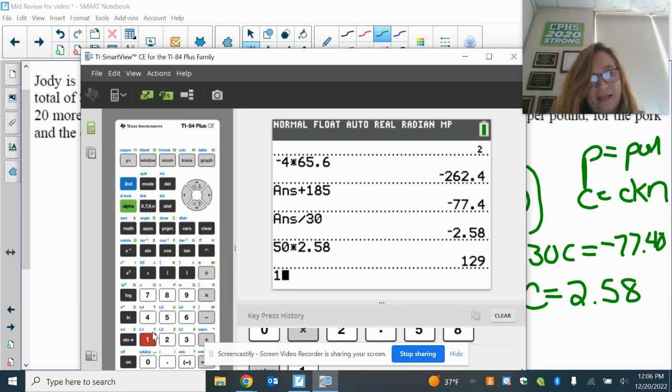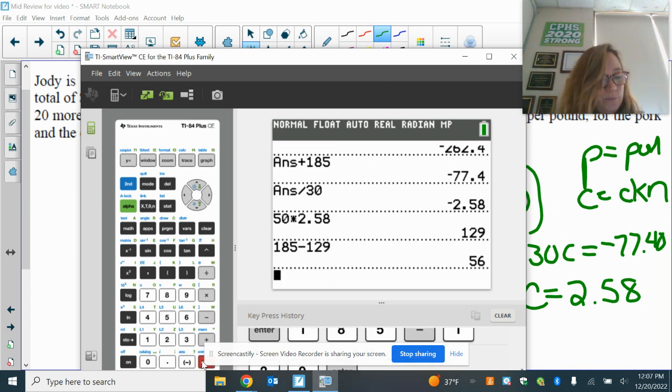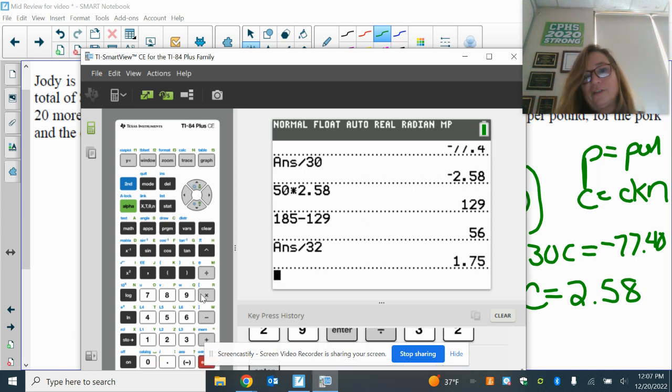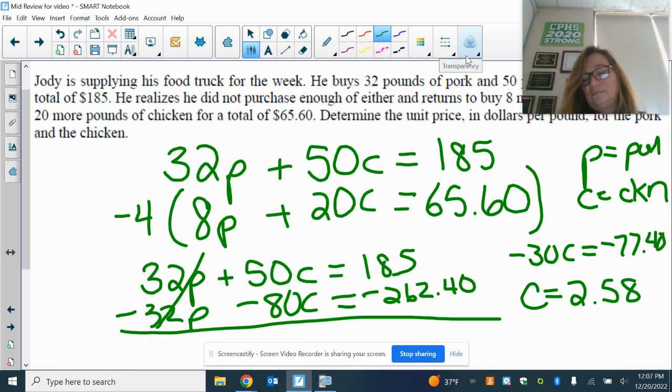So I'm going to subtract that from the 185. And that's how much money was spent on 32 pounds of pork. So I'm going to divide that by the 32, and I get $1.75. Okay, so pork equals $1.75.